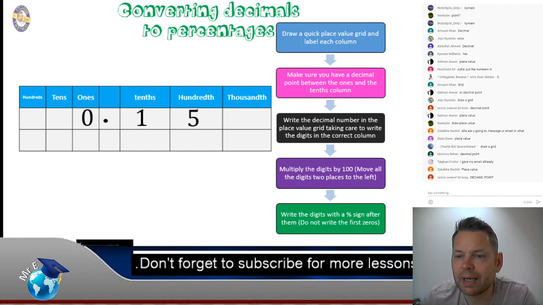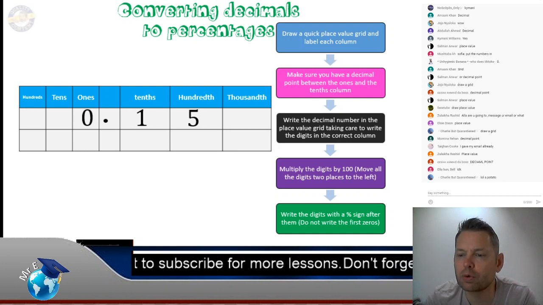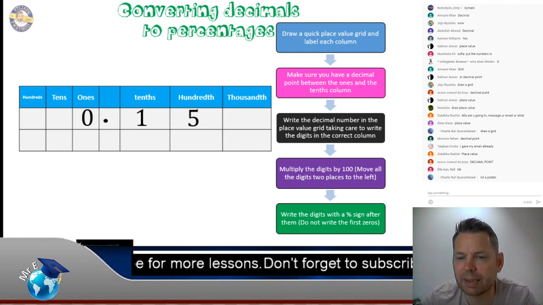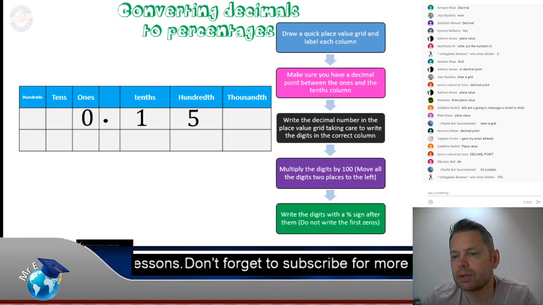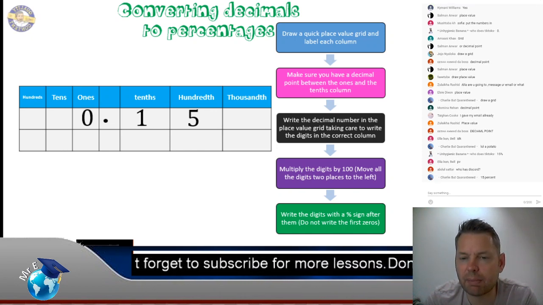So far it's exactly the same as the previous method. The only difference now is we're going to use our understanding of multiplying by 100 to help us. If I am multiplying by 100, what way am I going to move these digits on my place value grid?